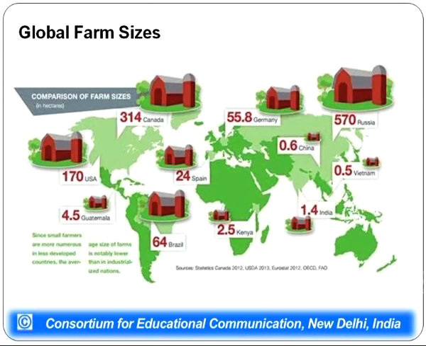You can see in Asia, in places like China, 0.6 hectare, India 1.4 hectare, Vietnam 0.5, but on the other hand, if you go to the large farm sizes in USA, like 170 hectare, Guatemala in a developing country, or Canada, 314 hectares. You can easily correlate this farm size with population growth.